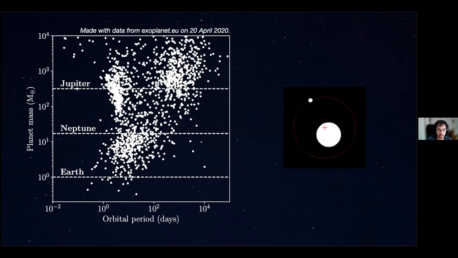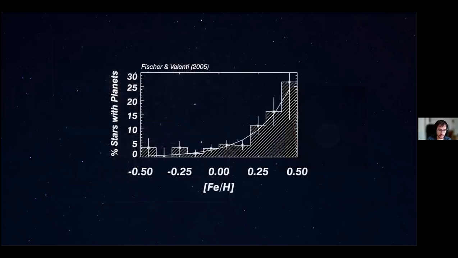We can also look at other properties of the detected planets to learn something about formation. For example, we can look at the frequency of planets as a function of the metallicity of their host stars. This is a very famous result by Fischer and Valenti from 2005.